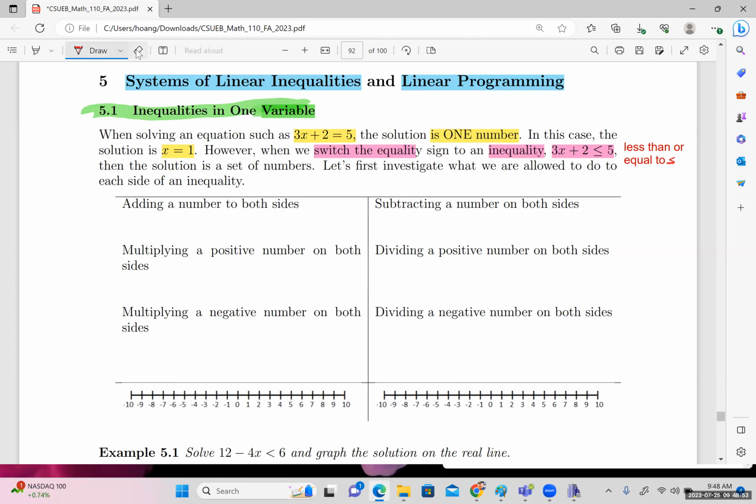And then the solution will be a set of numbers.